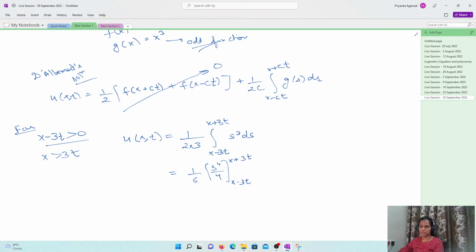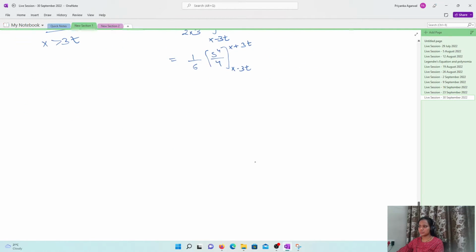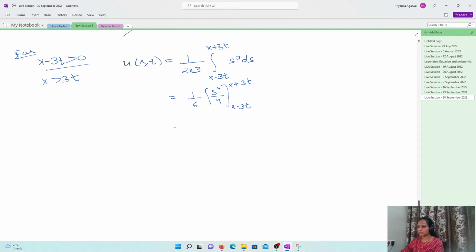Okay, hence this becomes 1 by 24 times (x plus 3t) to the power 4 minus (x minus 3t) to the power 4.